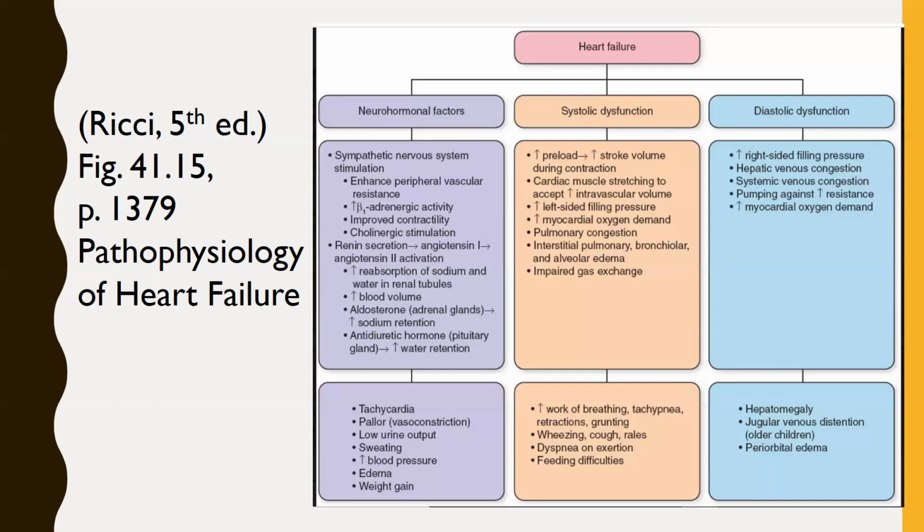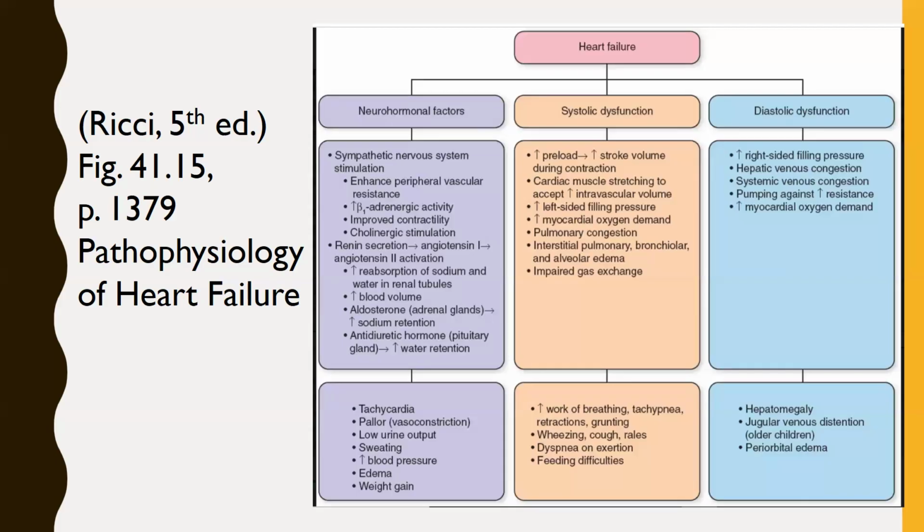So this causes the body to show symptoms of increased work of breathing, tachypnea, retractions, and grunting. Clients may have wheezing, coughing, and rales. You may see dyspnea on exertion and feeding difficulties.